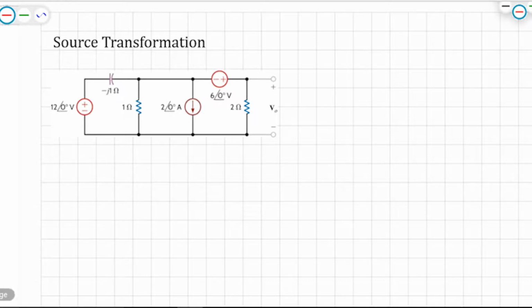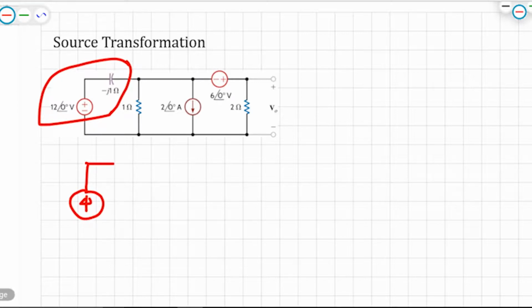And we notice here we have this one, that voltage source in series with some element. We can definitely convert that into a current source, then in parallel with that exactly the same element here.